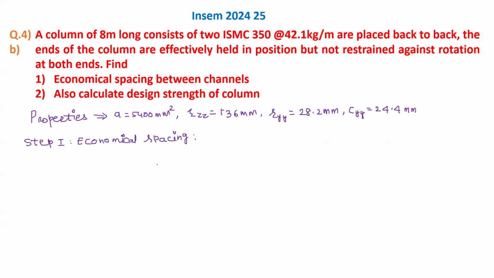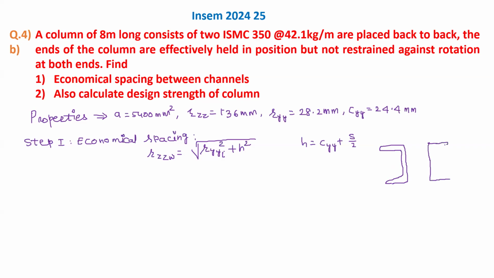We have the formula for economical spacing, that is RZZ whole equal to root of RYY individual square plus H square. What is H? H equal to CYY plus S by 2. If we draw the channels back to back, we have y axis individual over here.